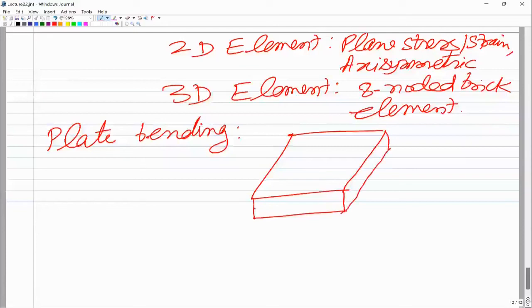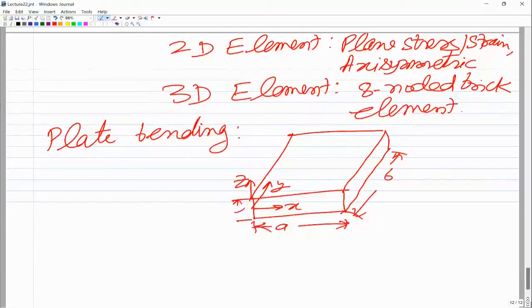So you have this plate, so this is the x and y coordinate directions, and this is z. I'm sketching a right hand triad, and I'm just saying that the length and the width of the plate are a and b, compared to the thickness h. So if h is the thickness, compared to h, a and b are large, or h is smaller compared to a and b.